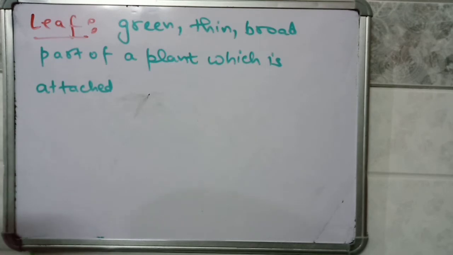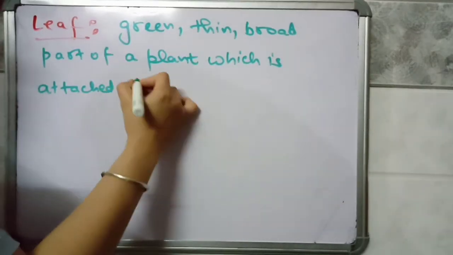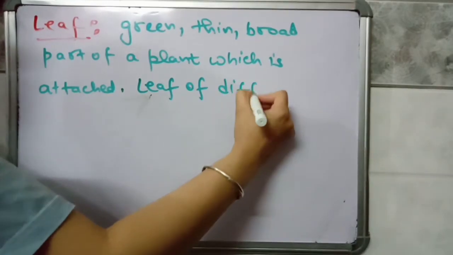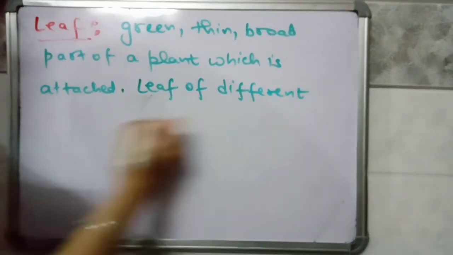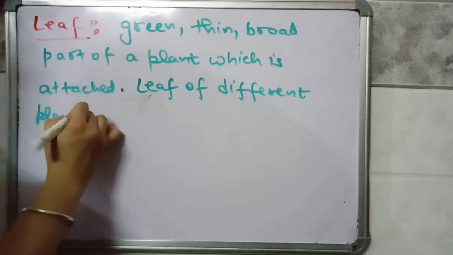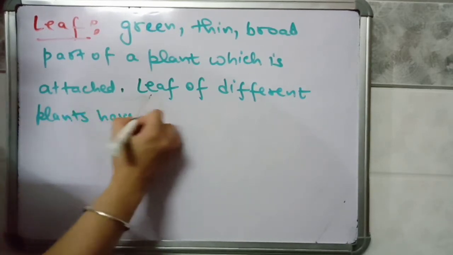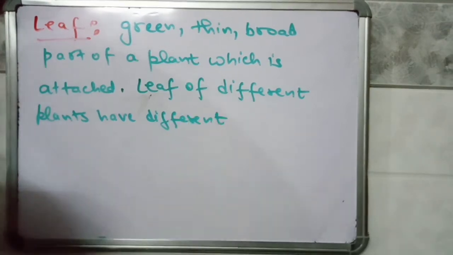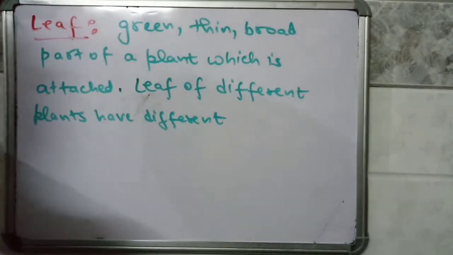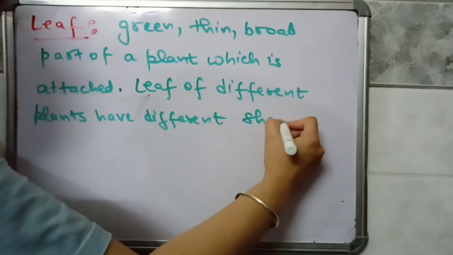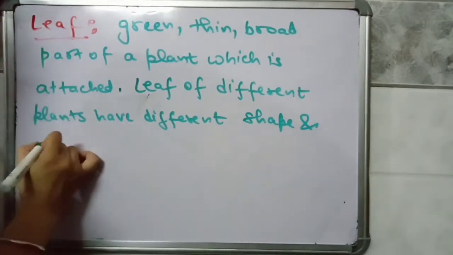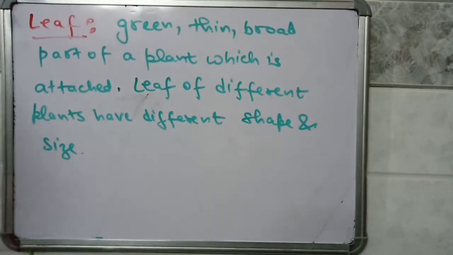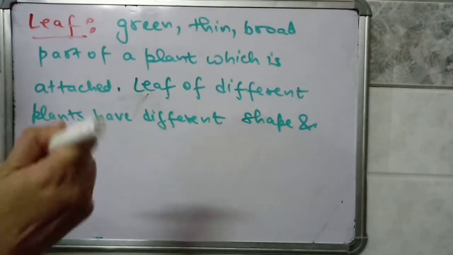Also, leaves of different plants have different shapes and sizes, but their basic structure is similar to each other.